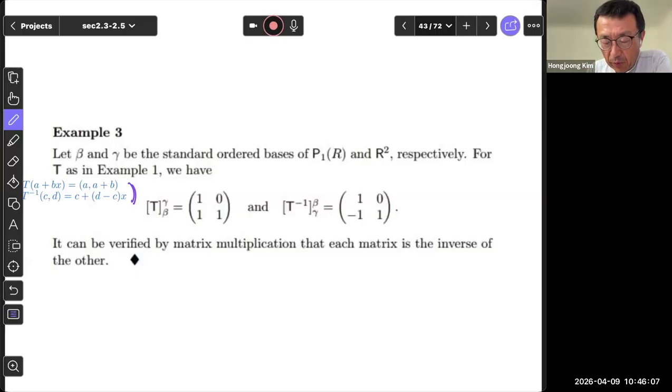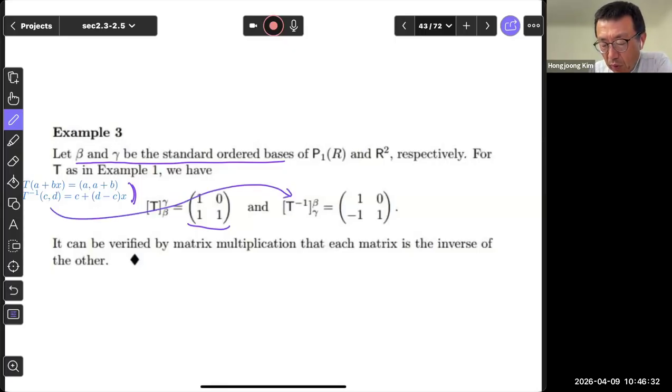And if we construct the matrix representation for T and T inverse, using the standard ordered basis, then the matrix representing T will be this, and the matrix representing T inverse will be this matrix. When you multiply these two, you get the identity matrix. That means one is the inverse of the other.